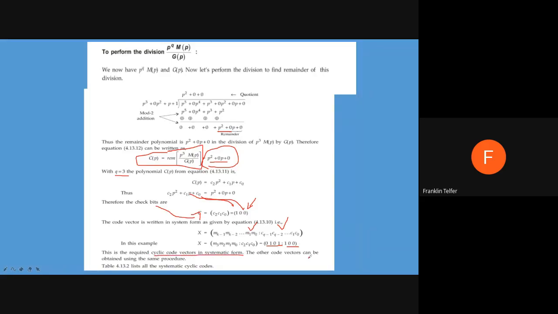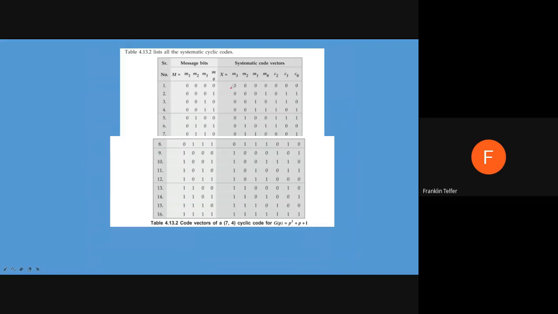Similarly, the other code vectors can be found by using different message bits. This is a systematic code where you have appended the code bits on the right hand side. So M3, M2, M1, M0, and C2, C1, C0 are the code vectors in systematic form.